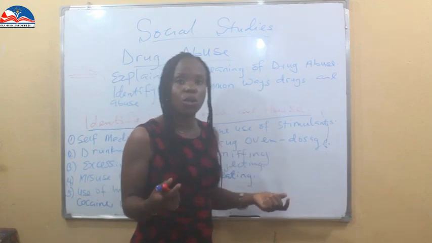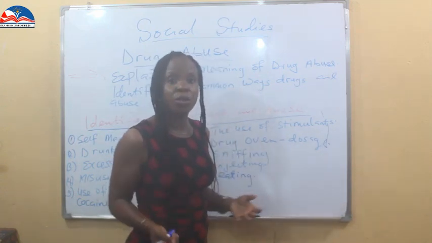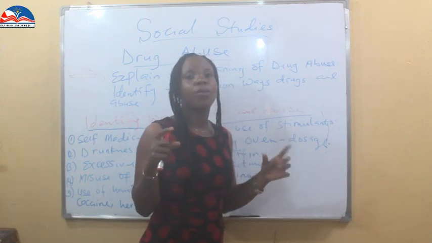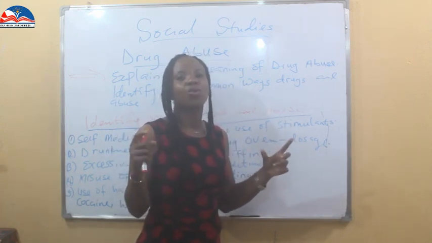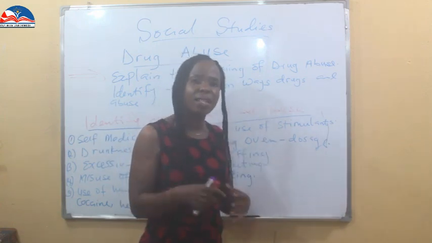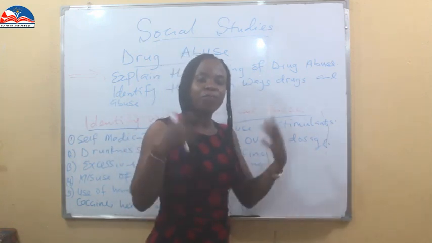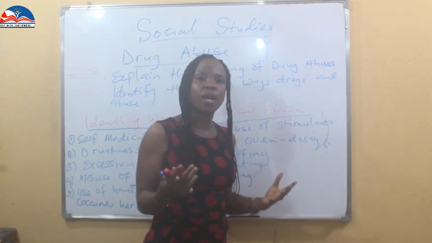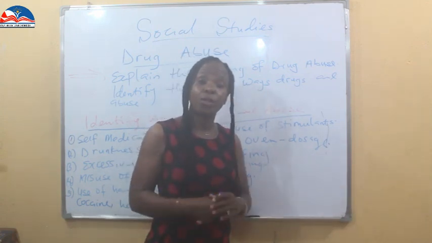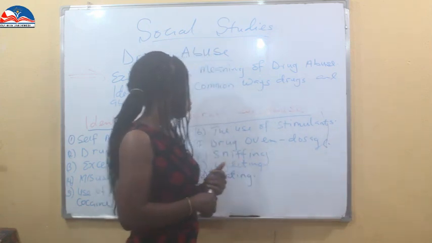Drug overdose: people don't follow prescription. This drug is supposed to be taken 400 milligrams. People take 800 milligrams, 1,200 milligrams, and you see them reacting negatively. Such overdosage can have serious effects on an individual. Sometimes it can take an individual's life.